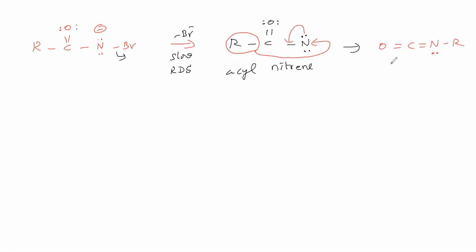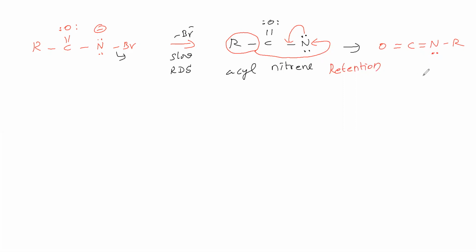This step is called rearrangement. There is retention of configuration, because the configuration of R is not changing.